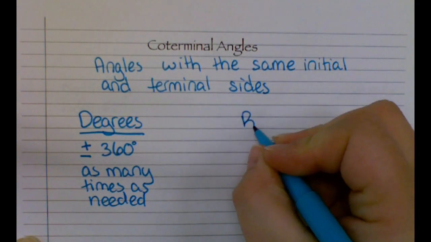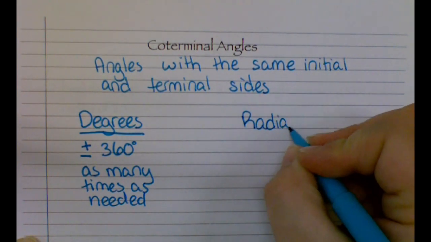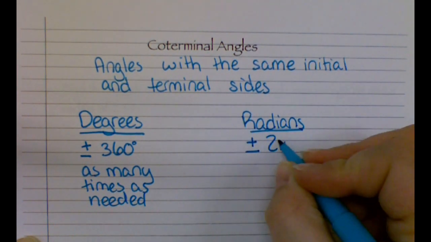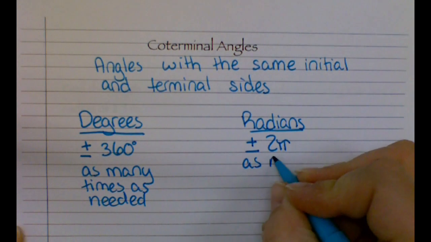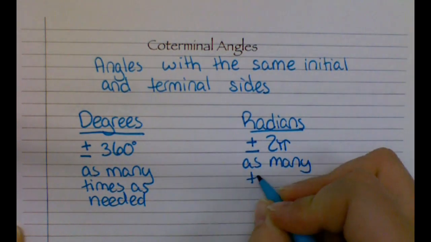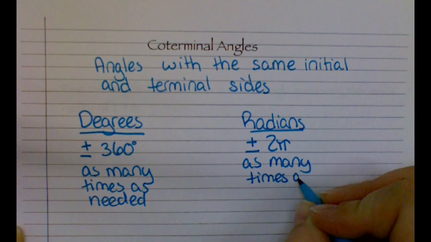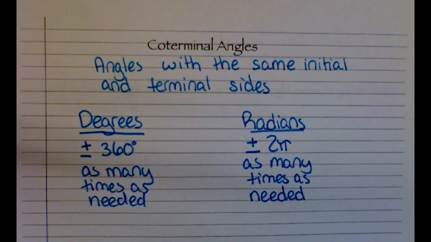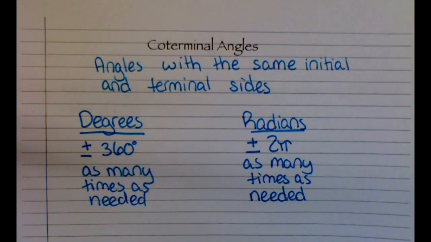If you are in radians, it's the same thing, except that you add or subtract 2 pi as many times as needed. Remember when you are in radians to make sure that you get a common denominator and then add or subtract the 2 pi.